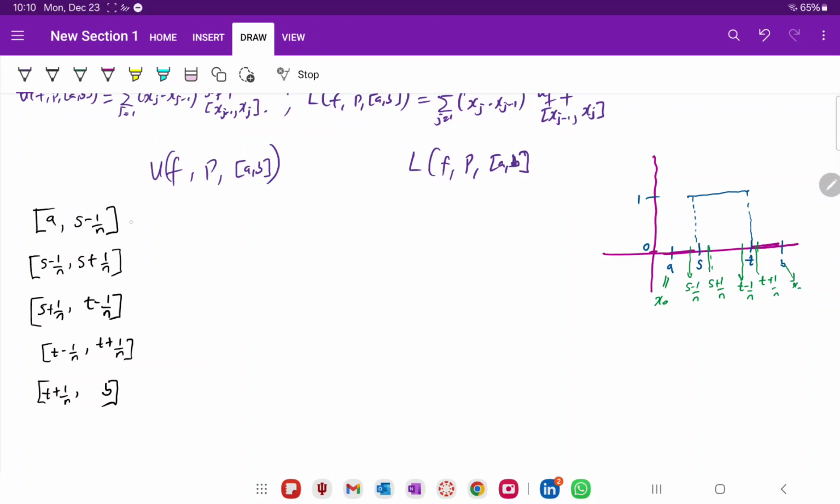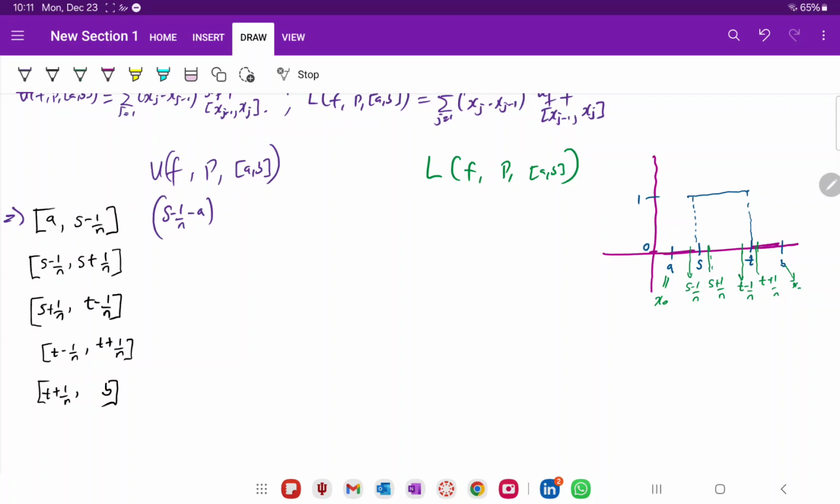So on this first subinterval, you will see that the length here, let me use another ink for this one, for the lower sum L(f, P) over a to b, the length will be x minus 1 over n minus a.